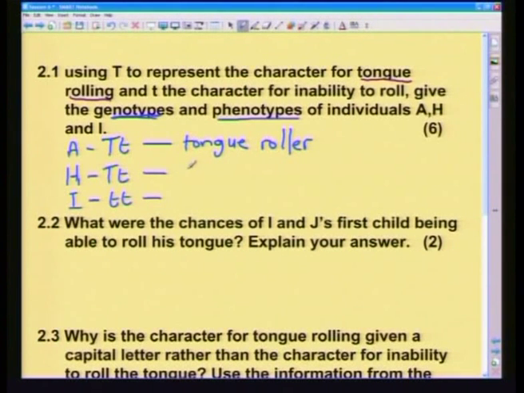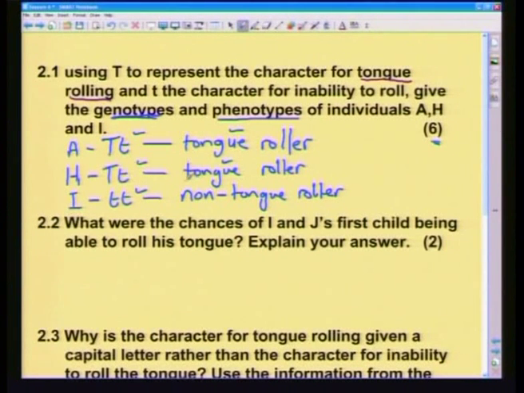And this one here would be a tongue roller. And this one here would be a non-tongue roller. And what they're doing here, your mark allocation is 1, 2, 3, 4, 5, 6.